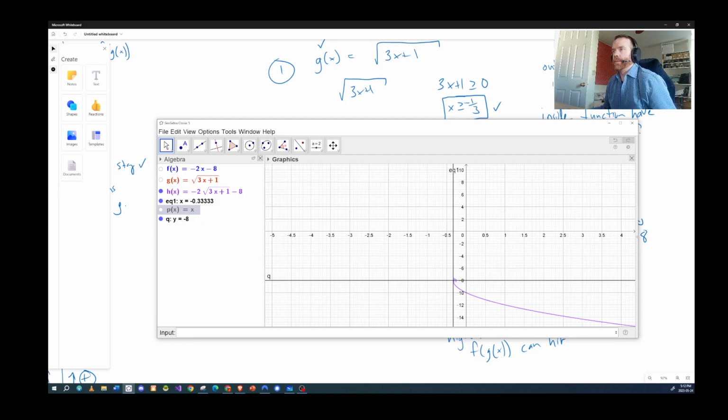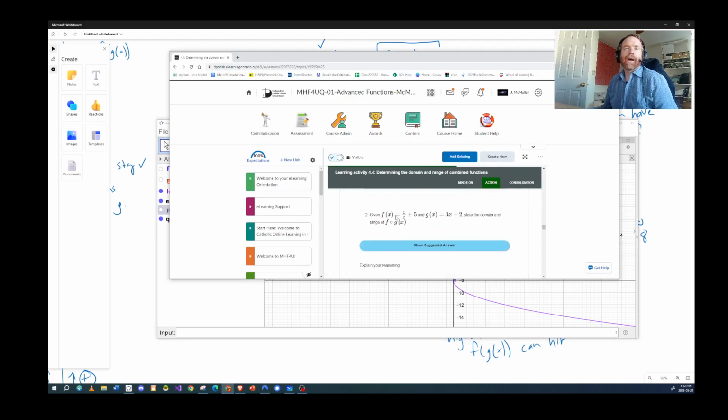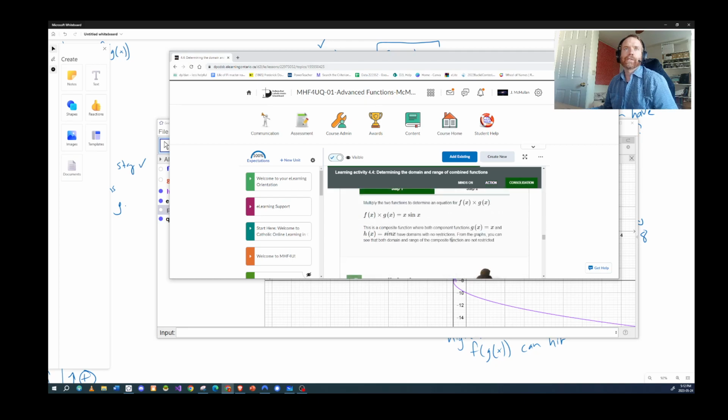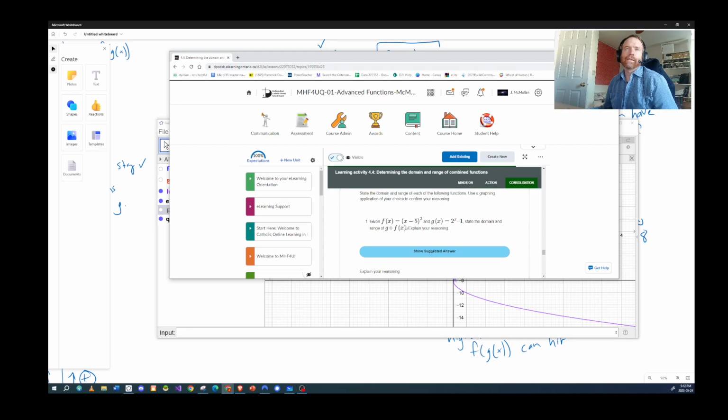Maybe let's just experiment and see if there's another one here that would be good to do while we're together. I don't think 2 is super tough. If you want to ask on the forum, I can probably go through 2. Let's do this one with the quadratic and the exponential.